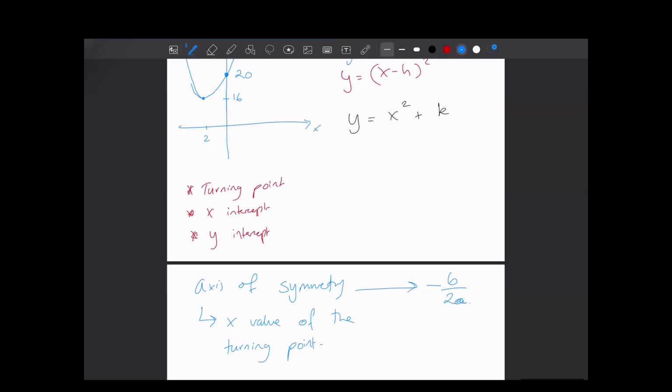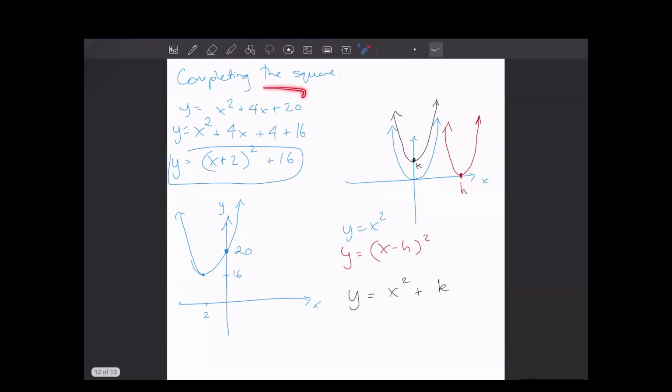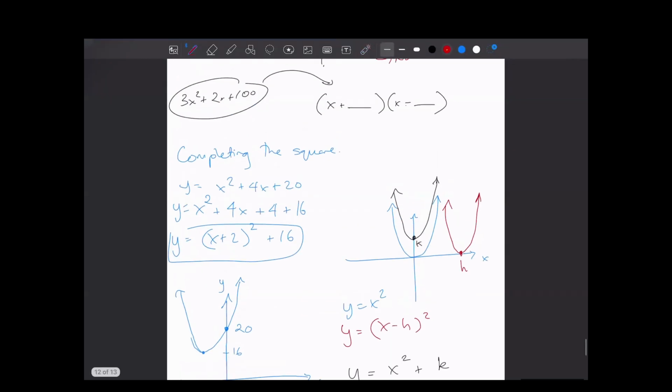And this is pretty cool because let's test it on here. If we test that formula on this guy, our A in this case is 1, right?